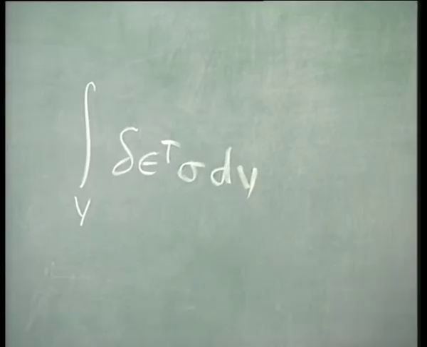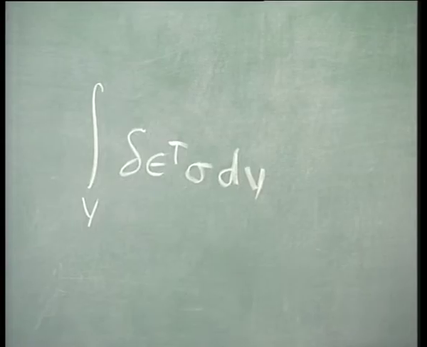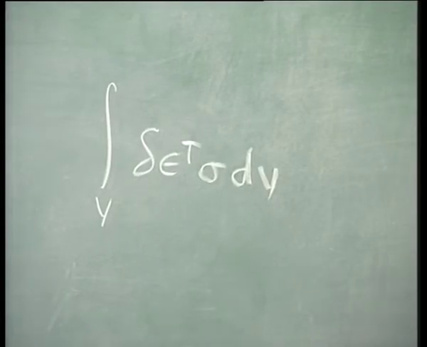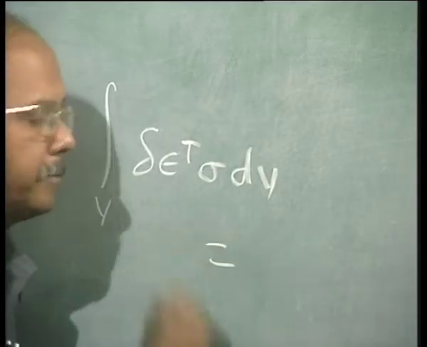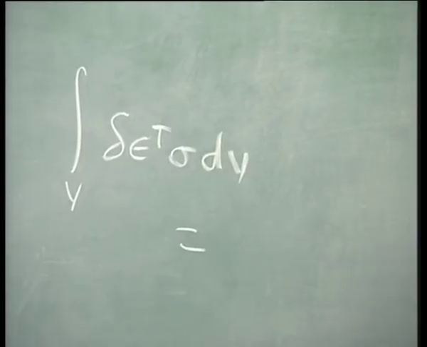Is that okay? I write this in terms of delta epsilon transpose sigma dV, right? Okay. So what is the external virtual work? How do you write it?